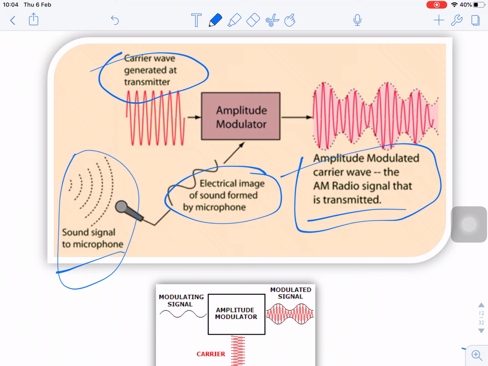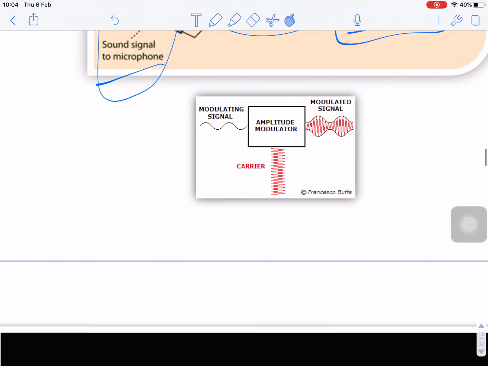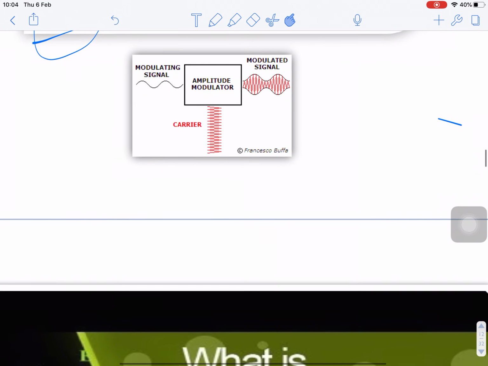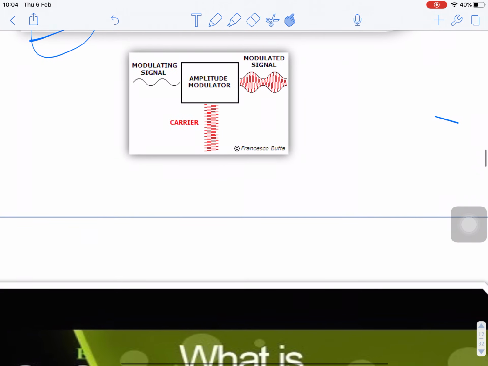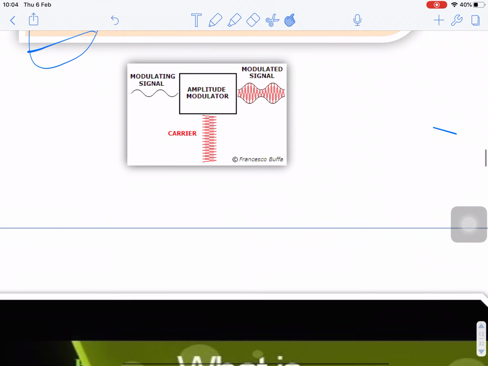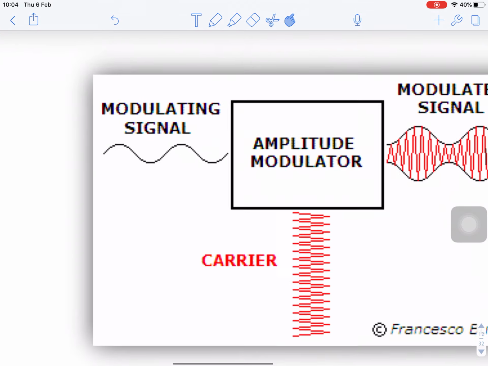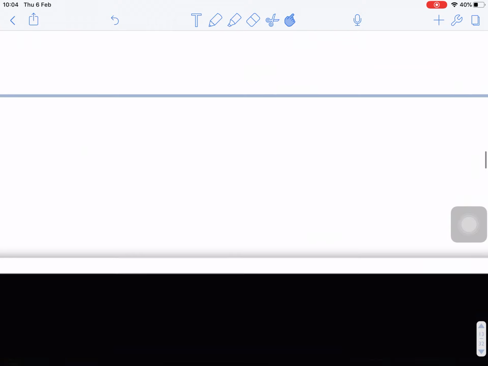We can modulate them together. So how do we modulate it? We use the signal to form an envelope. This is the modulating signal, this is the carrier signal, and we have the modulated signal.